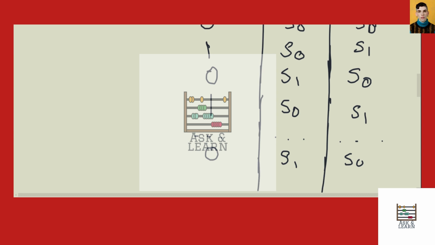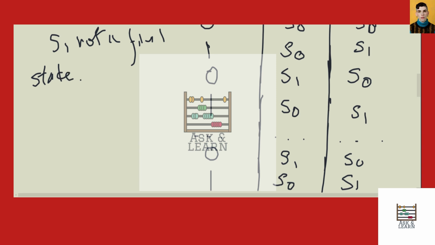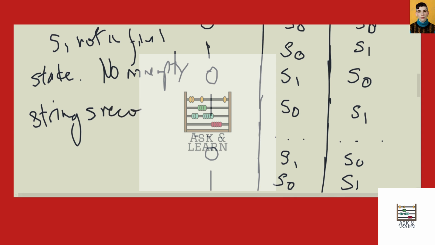And the next input has to be a 1, and it has to exist. And our start state has to be S0, and so it follows that the next state has to be S1. And S1 is not a final state. So it follows that no non-empty strings are going to be recognized by the automaton.